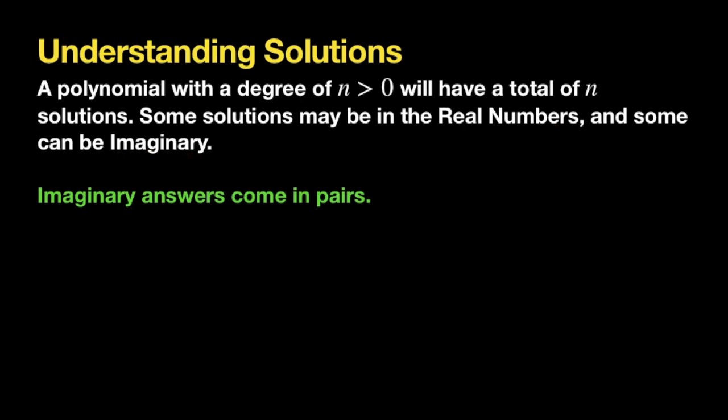The thing is, imaginary numbers always come in pairs. You are never going to get one polynomial that you only have one imaginary solution. If you have one, automatically you need to have a second one. That's going to be your pair. So these are always going to come in even numbers.